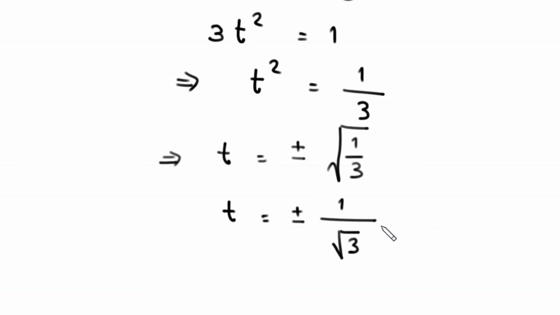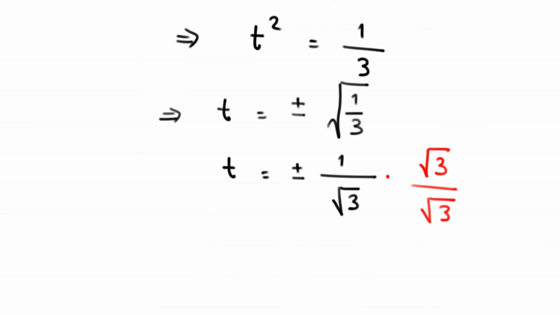To rationalize the denominator, we multiply and divide by root 3. So this will become t is equal to plus or minus 1 times root 3 is root 3, divided by root 3 times root 3 will become 3.